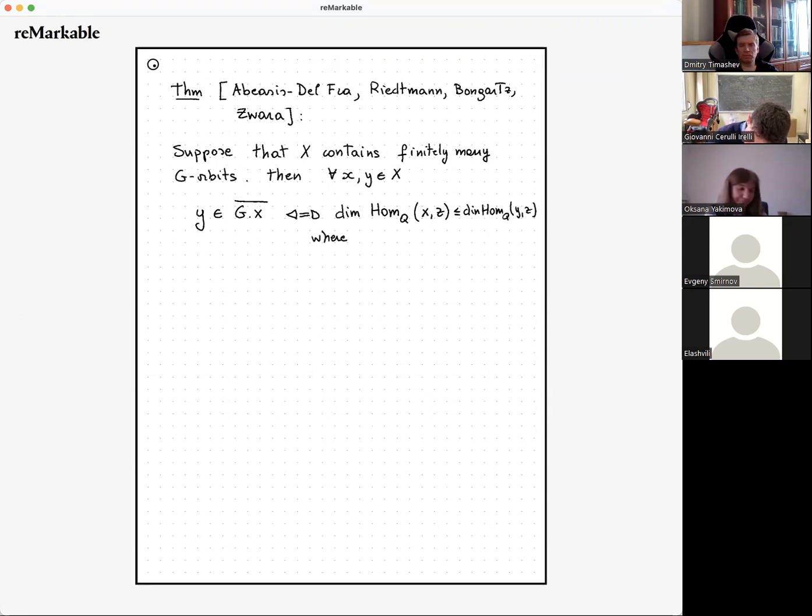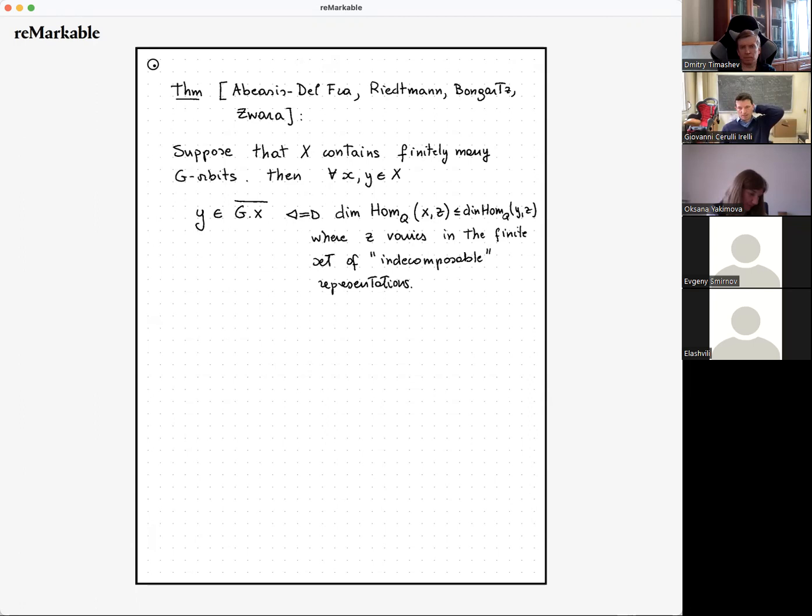where Z varies in the finite set of indecomposable representations. So in this theory, there is the Krull-Schmidt theorem.